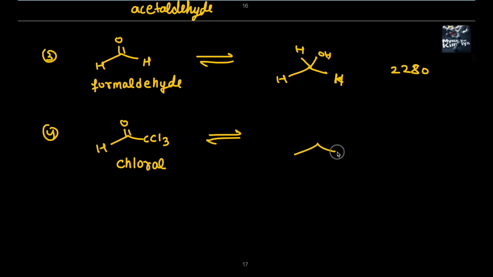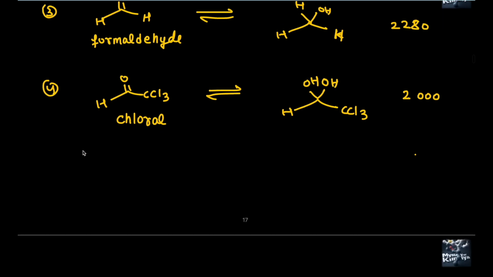On adding water, we get chloral hydrate. It has an equilibrium constant around 2000. On further increasing the electron withdrawing groups around this carbonyl, let's suppose we have CF3 here and again CF3 here.